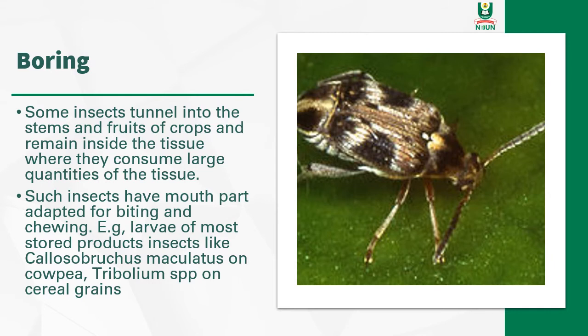Most of them stay in stored crops. When you harvest your crops from the field and they are in storage, that's where you see most of these boring insects. A good example is the Callosobruchus maculatus, the cowpea beetle. It bores into cowpea and renders it unfit for human consumption, because when they eat everything inside, the seed will just be empty.